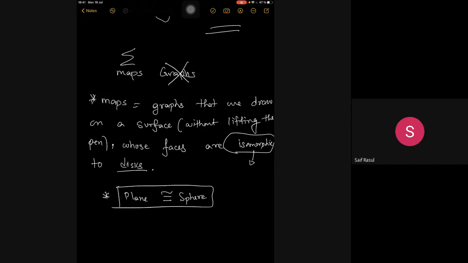You can smoothly deform the plane into a sphere if you consider that there's one point at infinity that produces the top of the sphere. It's like the stereographic projection. Exactly. Very good.